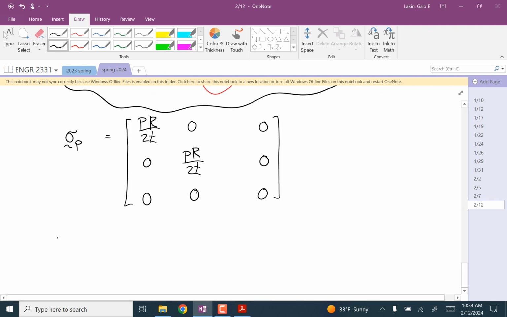And so the max shear stress is p r over 2t minus 0, divided by 2, so p r over 4t.